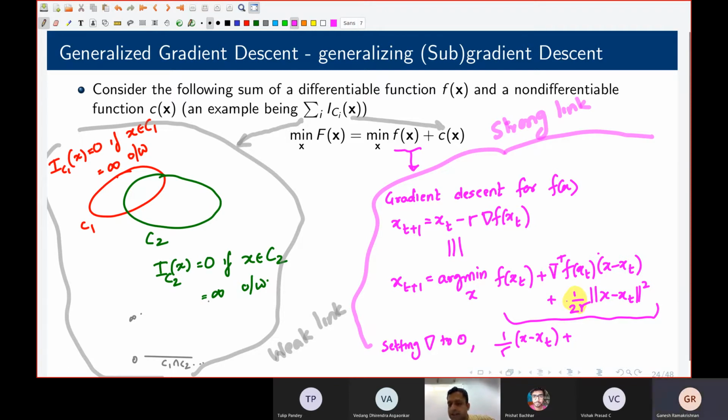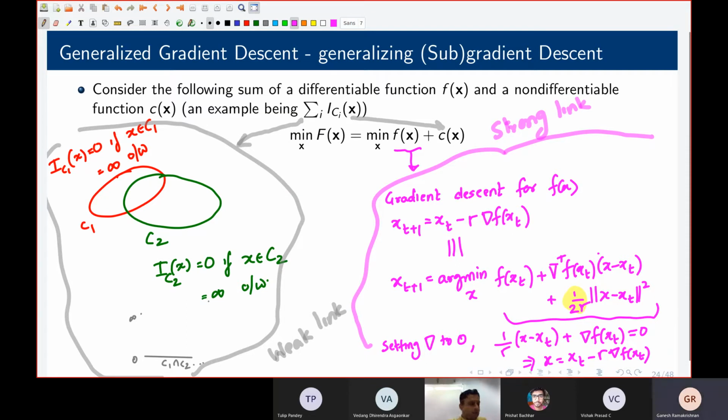You get this plus the gradient of f at x_t. So the x will go away. You'll basically get plus gradient f(x_t) equals 0, which basically means that x is x_t minus gamma times gradient of f at x_t, right?